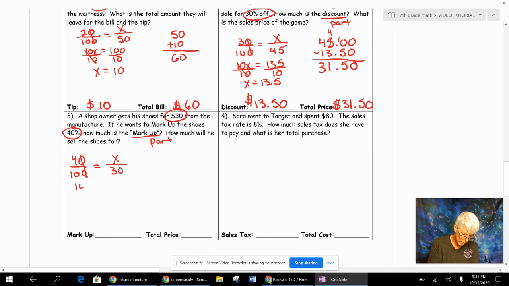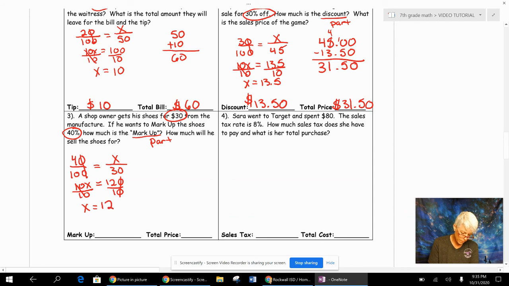10 times x is 10x. 4 times 3 is 12. And I'm going to add a 0. That's just a cool trick. But you can just go ahead and work it out the way you're used to working it out. Divide by 10. Divide by 10. X is going to be, again, watch this. I can do this also on this division problem. I can knock out the zeros, and I have 12 divided by 1, which is 12.